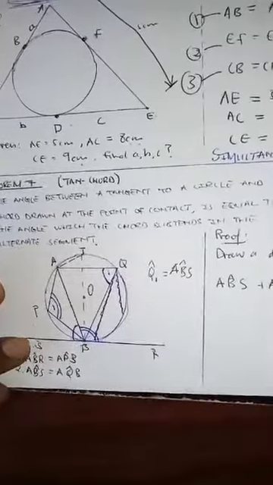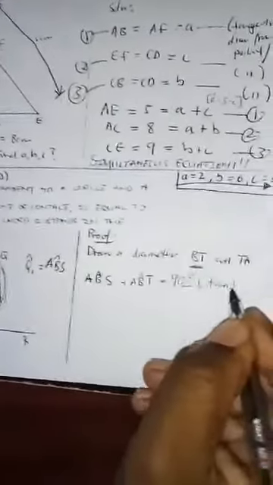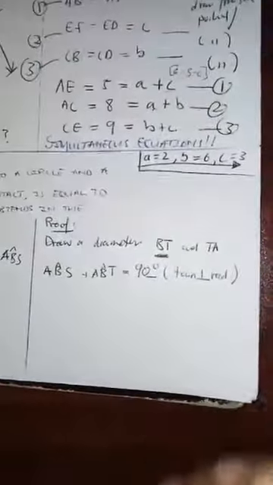Why? Because the reason is tangent perpendicular to radius. So let's look at that again.